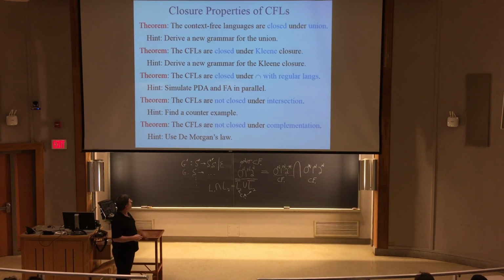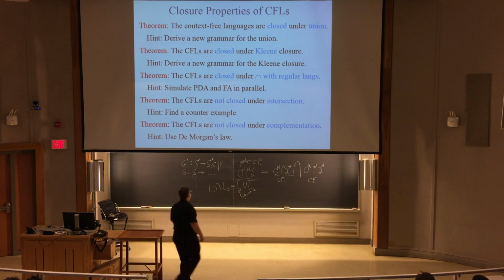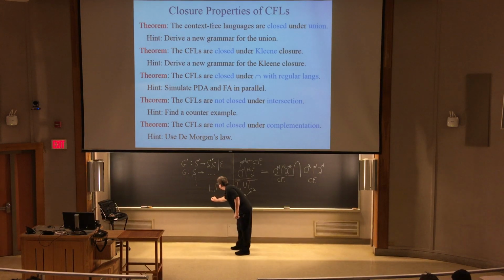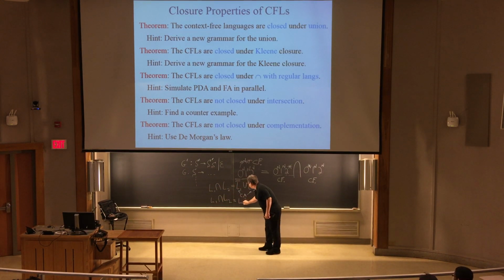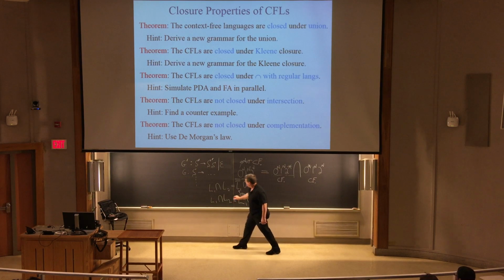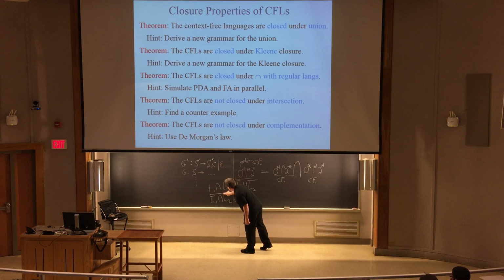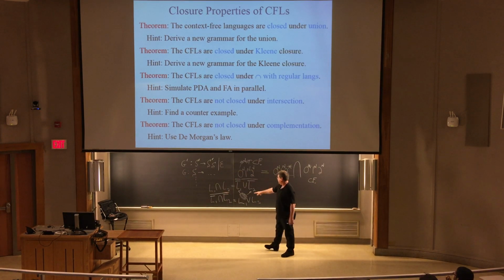And you can write this the other way around. If you put the complements over here, you could write this like this. You can say L1 intersect L2 is equal to the union of the complements of L1 and L2, and then we'll put the complement over here. I can do that, right?